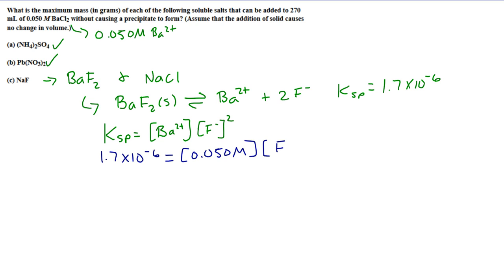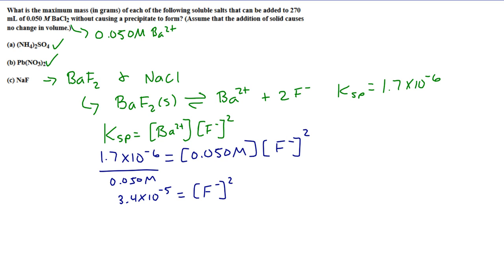So our unknown now is the fluoride ion concentration. So to solve, we'll divide by the 0.050 molar, and that gives us 3.4 times 10 to the -5th is equal to the concentration of F. Do not forget that it is squared.